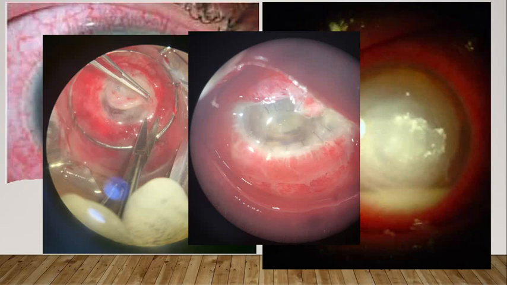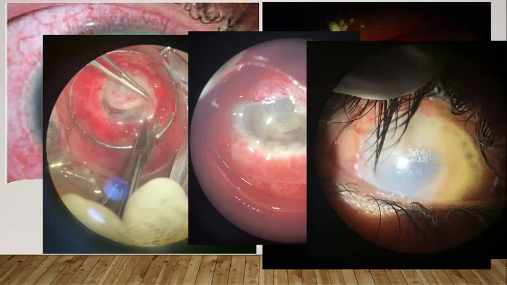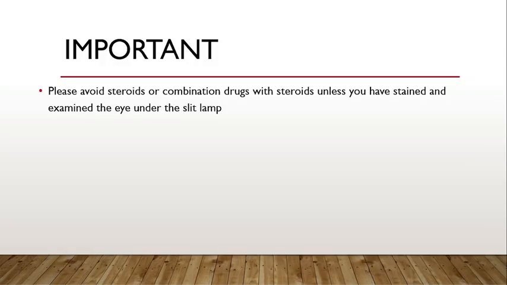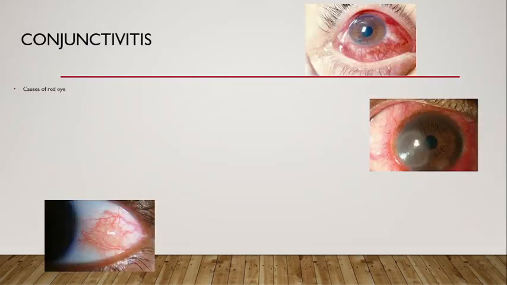Sometimes tarsorrhaphy or just closing the eye, and sometimes the conjunctiva closing the defect, with time will heal the corneal ulcer. It's important to avoid a combination of steroids with antibiotics unless you have stained the eye and examined the eye under the slit lamp, including the cornea and the subtarsal area, that is everting the eye and seeing.